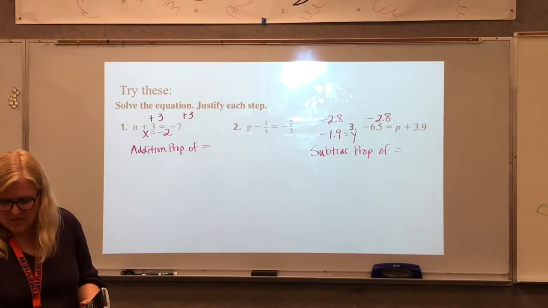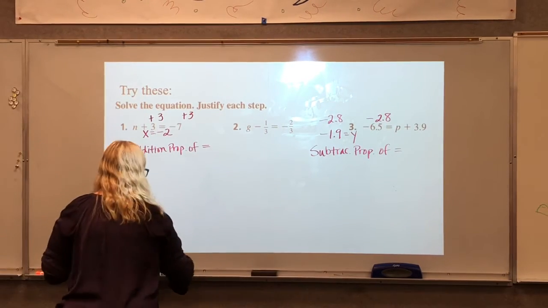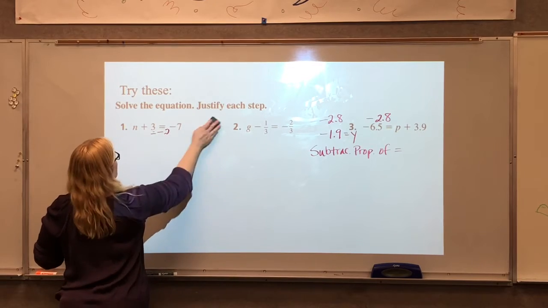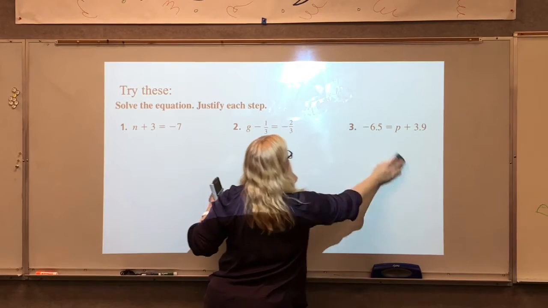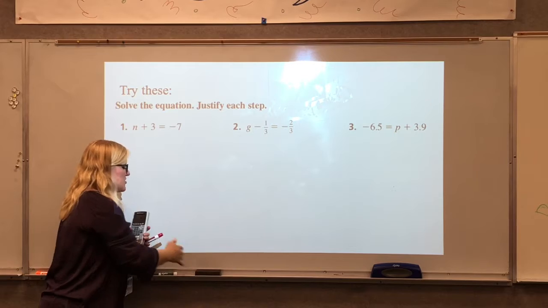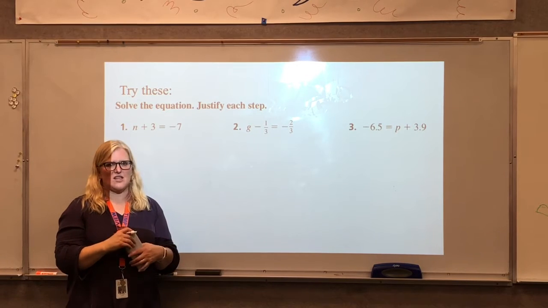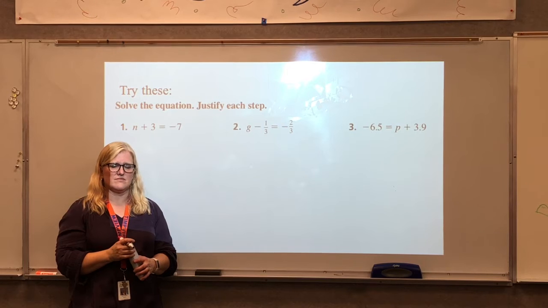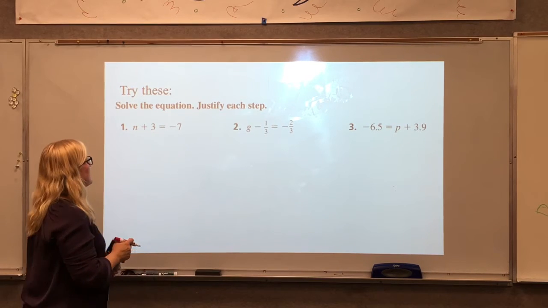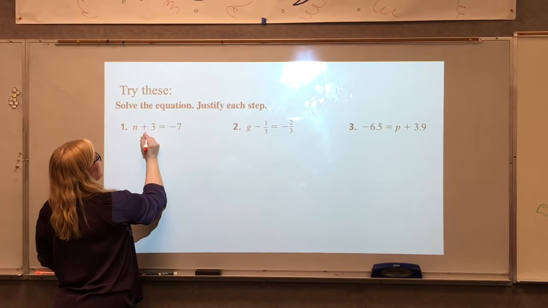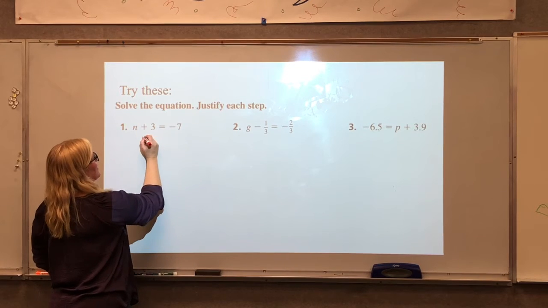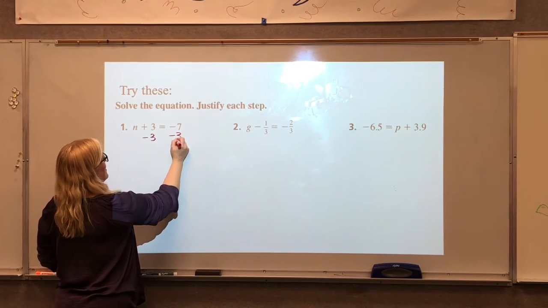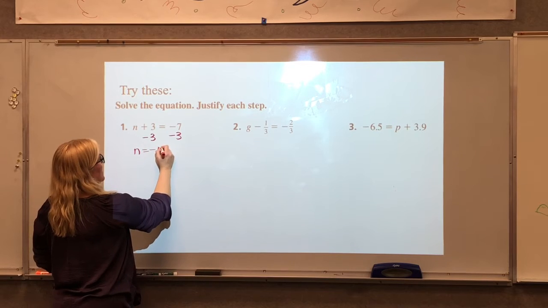Okay, so now I want you guys to try these. Let me erase so you can see. And again, I'm more concerned that you know the properties than that you can actually do the problem. But go ahead and pause. All right, so for this one, I need to get rid of this plus 3, so I'm going to subtract, and I get n equals negative 10.